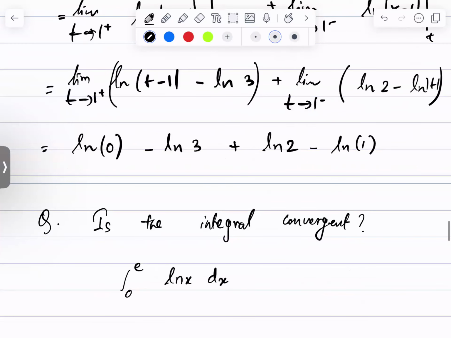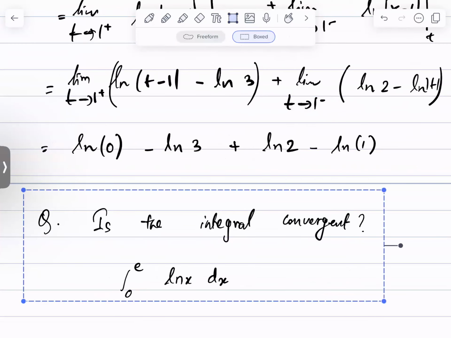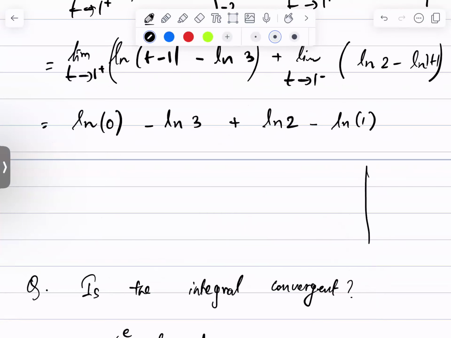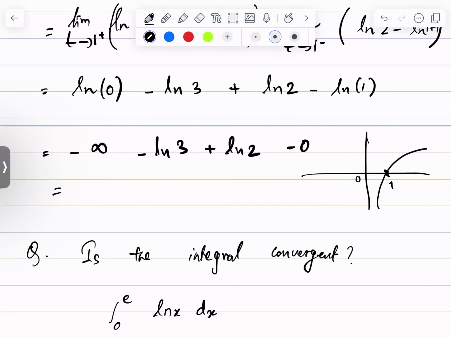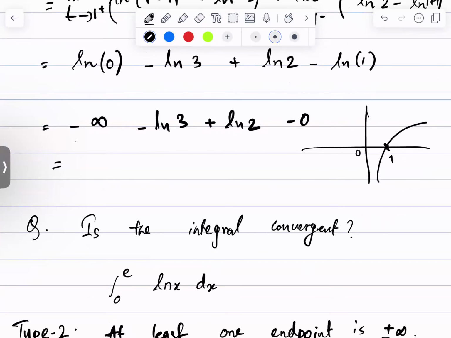So the ln function kind of looks like this. At 1, this is 0. And at 0, this is like negative infinity. So you have negative infinity minus ln 3 plus ln 2, and at 1, the ln function is 0. So in fact, as you have only negative infinity coming into the picture, this is negative infinity.